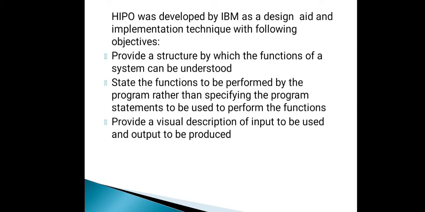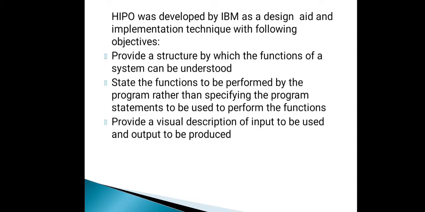The objective of the HIPO is also to state the functions required to be performed by the program, rather than specifying the program statements to be used to perform the functions. Once you are able to state the functions of your project, obviously you will be able to handle it.